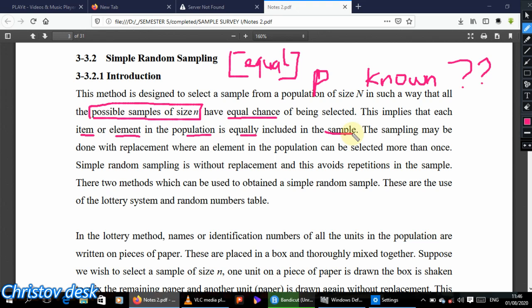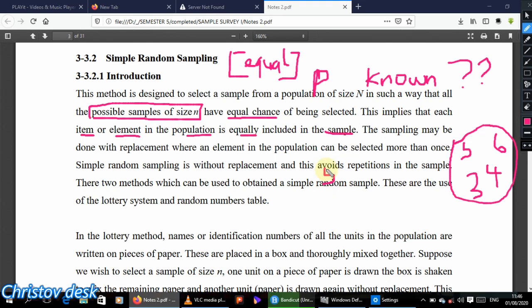Typically, if this is your population and you have the marks 5, 6, 4, 3, you want to know all the possible samples.